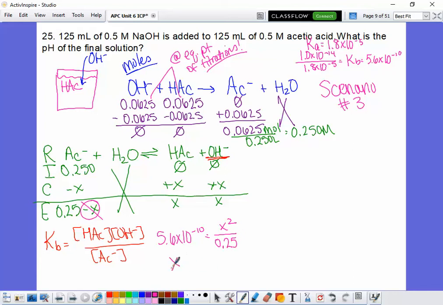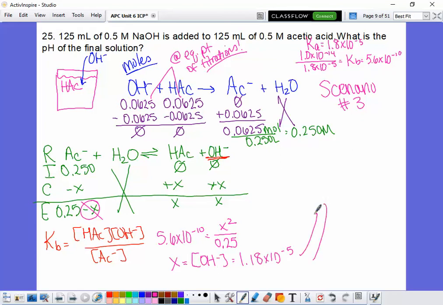So when I solve for x, what concentration is that that will help me get to pH? OH minus. That's going to help me get to pH through a couple calculations. And what do you get as your x? 1.18 times 10 to the negative 5.